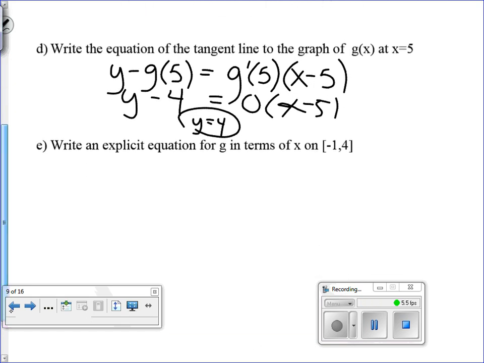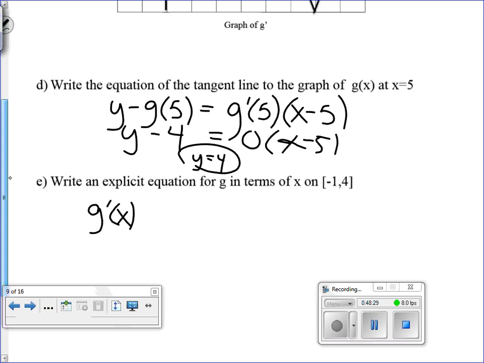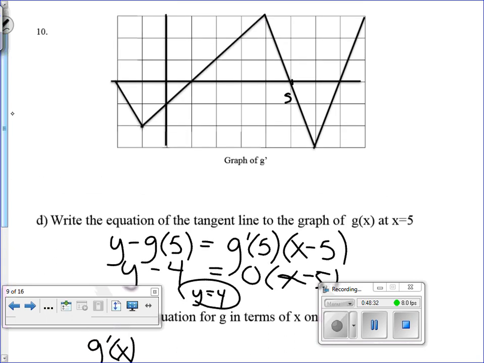Write the explicit equation for g, so we want to know what g of x equals. But we're only talking about x values between negative 1 and 4. You have to start out by writing the equation for what you're looking at, g prime of x. So if you look at g prime of x, let's look at the graph between negative 1 and 4.